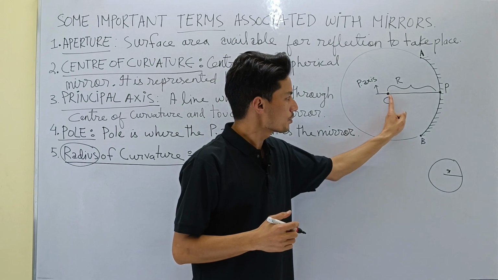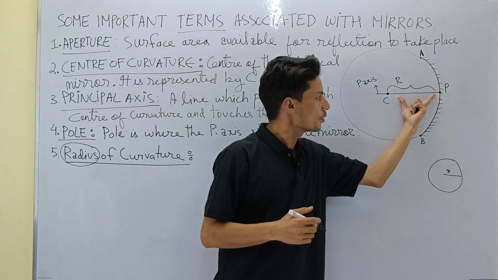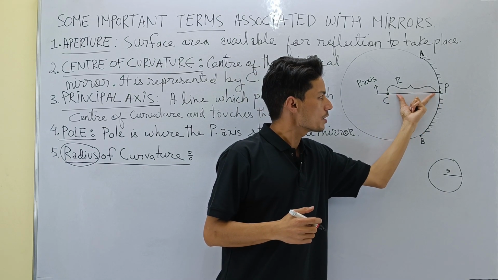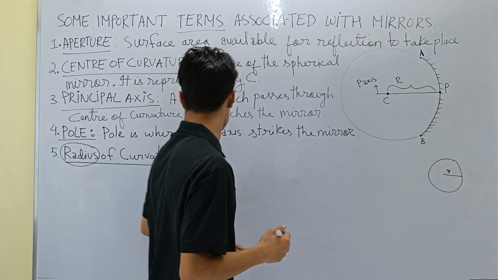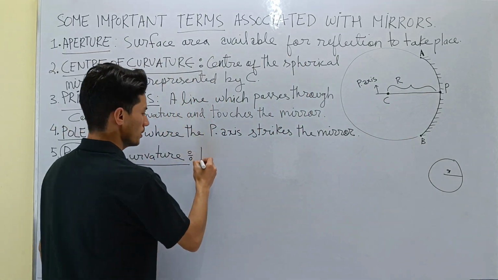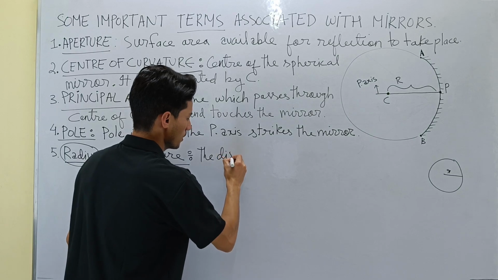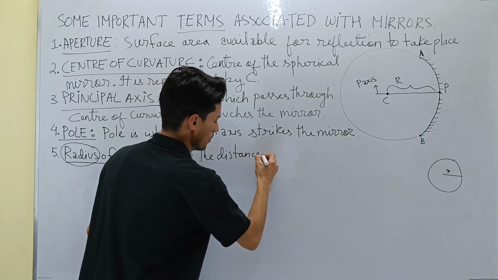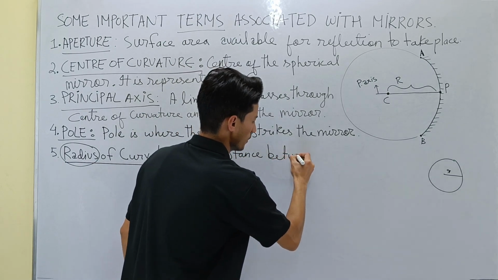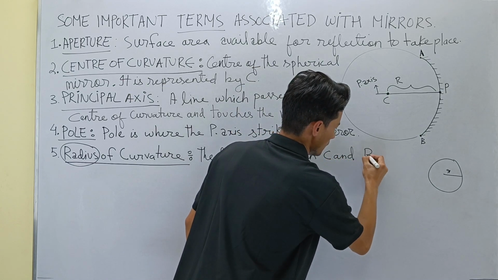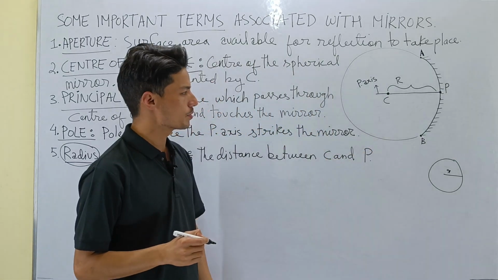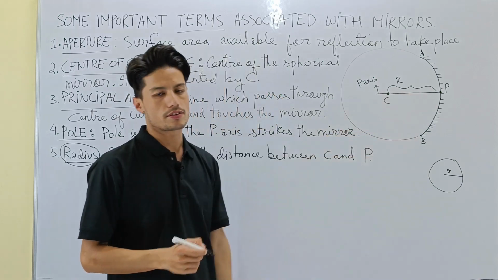The distance between point C and point P, this line, is called the radius of curvature. All right, the distance between C and P is called radius of curvature.